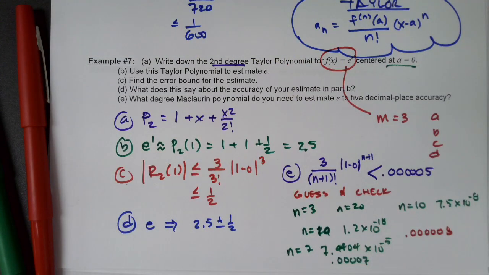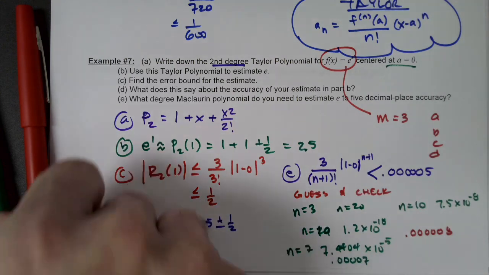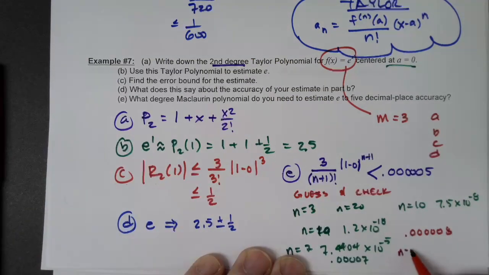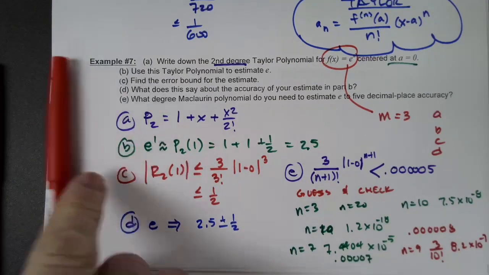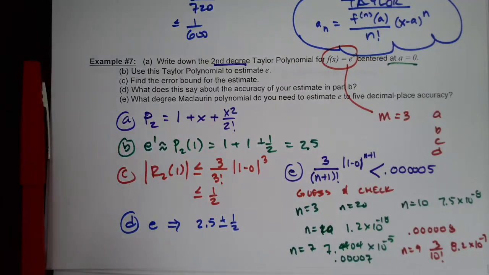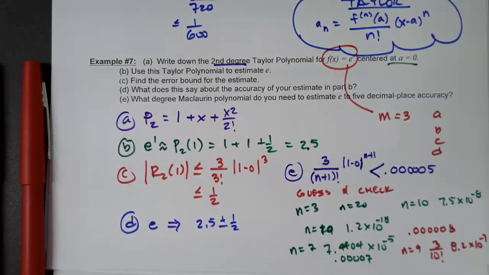Yes. Okay, so you can see a little bit of guess and check, made a little bit easier if it's multiple choice. But again, n equals 9 will be 3 divided by 10 factorial, which is 8.2 something times 10 to the negative 7th. And that's going to work well for us.